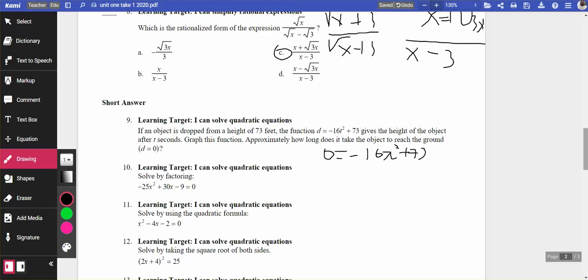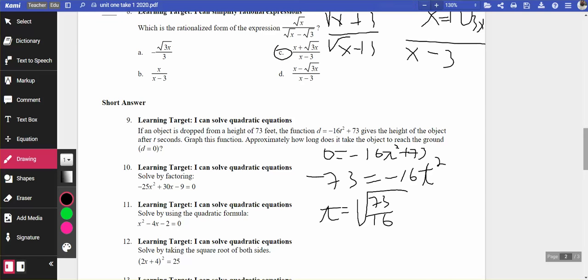But for this one, you can subtract 73 and you get this guy right here, and then divide by negative 16. So t is not going to be plus and minus, it's just going to be the square root of 73 over 16. Then you just punch it in your calculator.